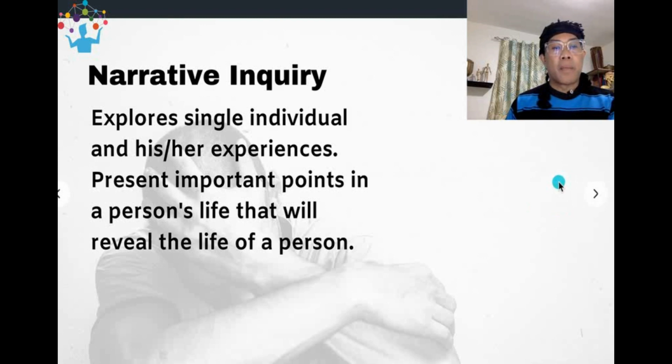Narrative inquiry explores a single individual and their experiences and presents important points in a person's life that will reveal the life of a person. So you go deeper into the story, and when you dig deeper, you'll be able to reveal some elements in the life of a person.